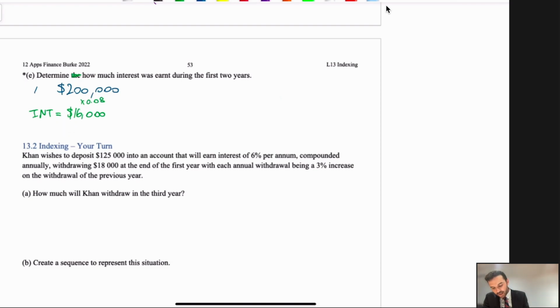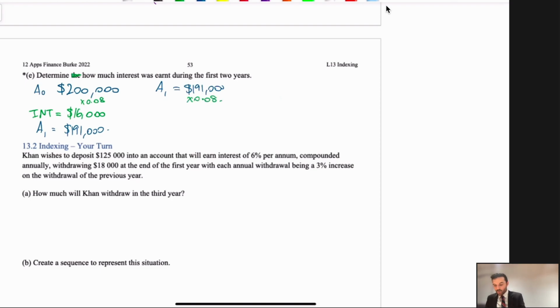So this is A0. At the end of the year, they've earned this, and A1 is going to be $191,000. Now we're going to work out the interest earned in that second year at $191,000, and we get 0.08.